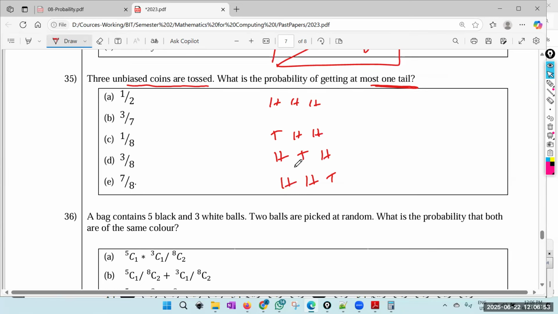Therefore, we have 4 possibilities that satisfy this. Then how many possibilities are there altogether? Because we have head, head, head to tail, tail, tail, we have 2 to the power 3 possibilities, because it's sort of Boolean. But out of those 2 to the power 3 possibilities, these 4 situations satisfy this. So my answer is 4 divided by 2 to the power 3, which is 8. Right? Half.